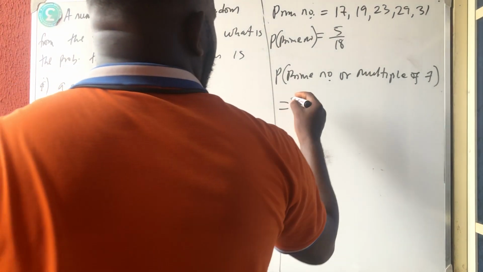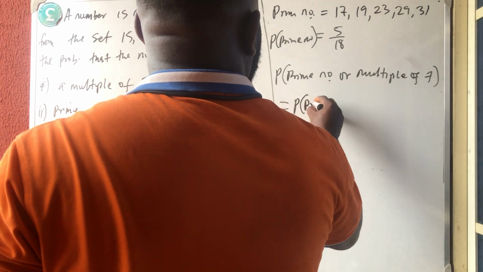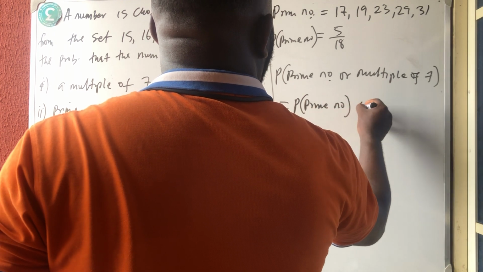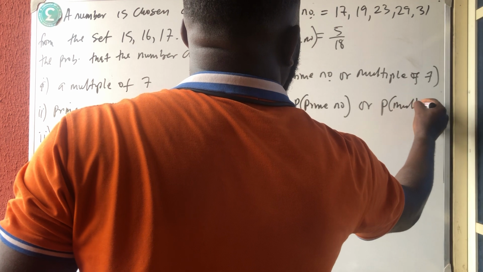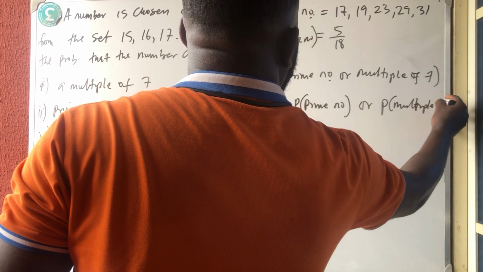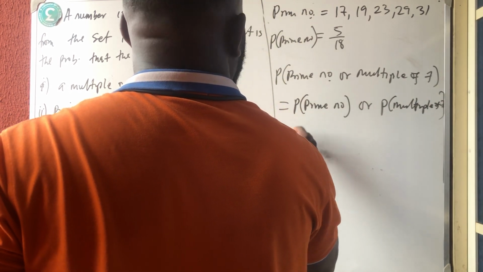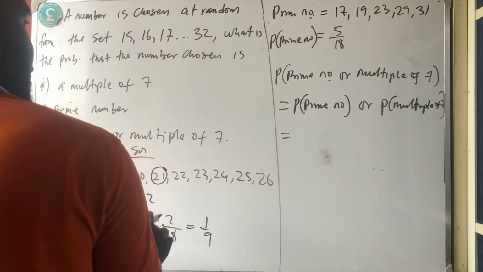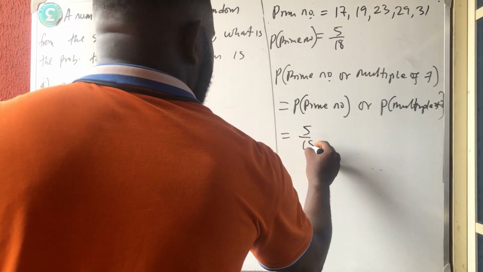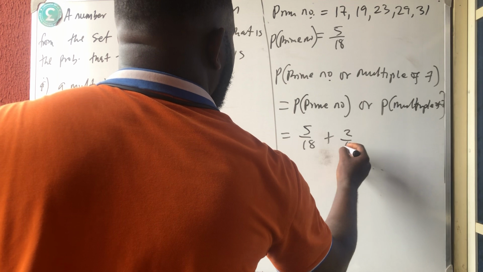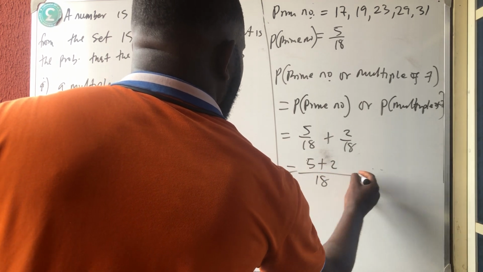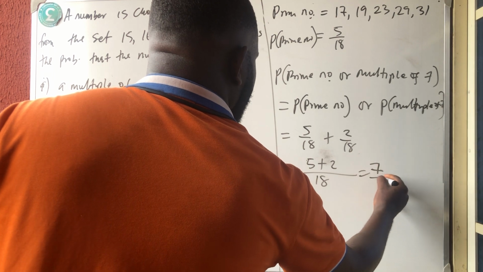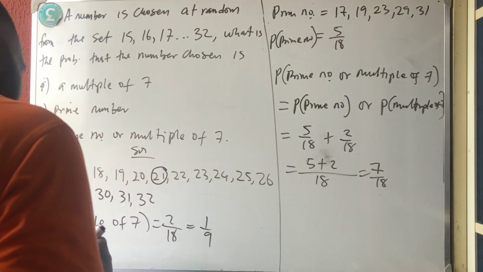So it's simply the probability of a prime number plus the probability of a multiple of 7, which is 5 over 18 plus 2 over 18, which is 7 over 18. As simple as that.